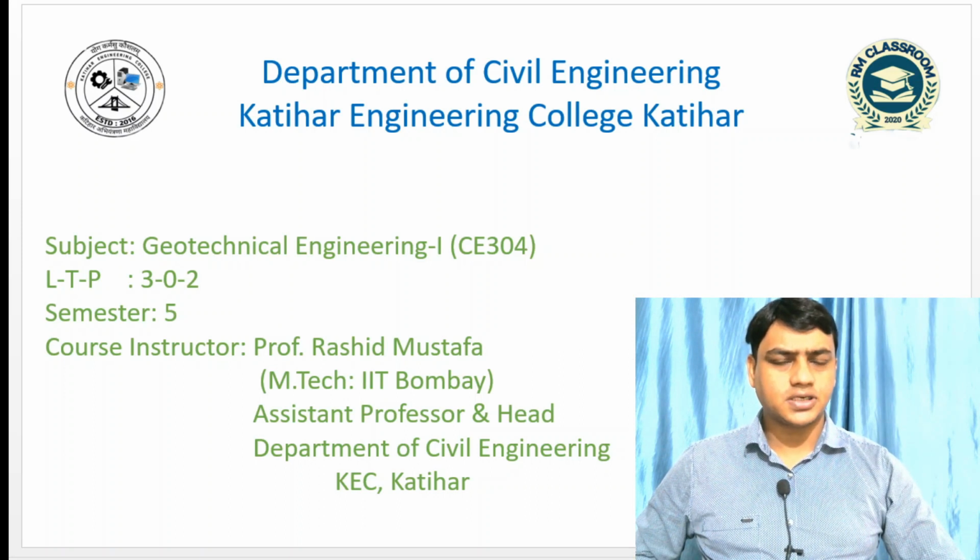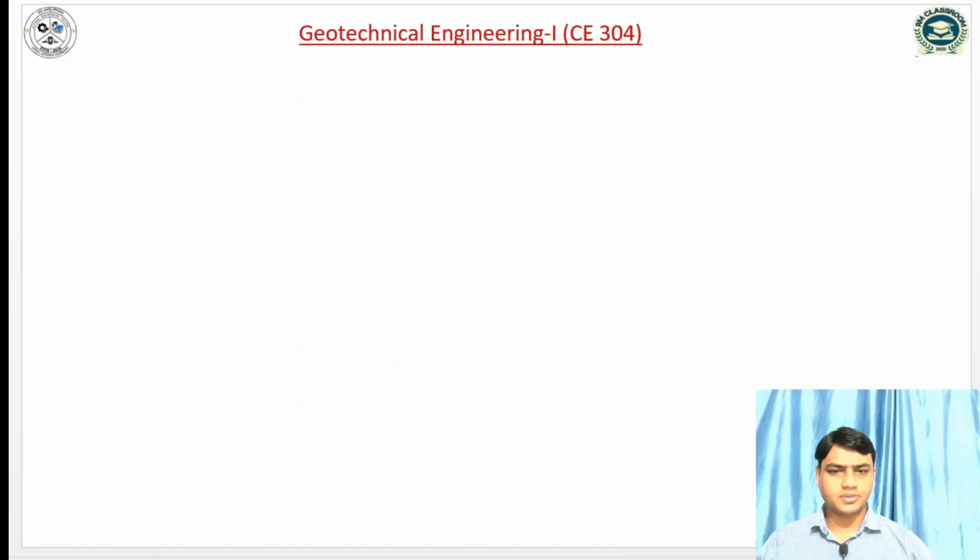After that I will discuss the permeability of stratified soil, in which I will discuss two cases: when the flow is parallel to the bedding plane or horizontal, and then what the effective permeability will be in the horizontal direction, and the second case when the flow is vertical or normal to the bedding plane, and what the effective permeability will be. So let us start with the factors affecting permeability.